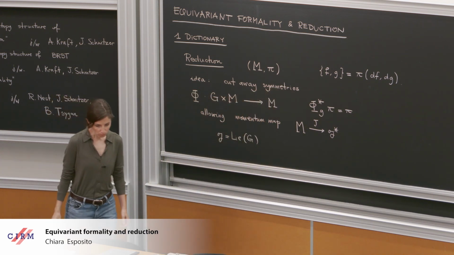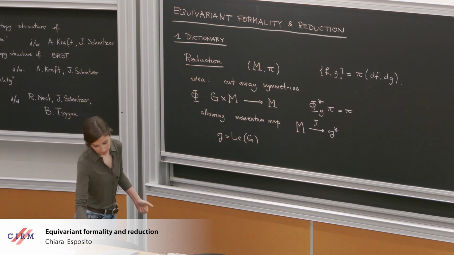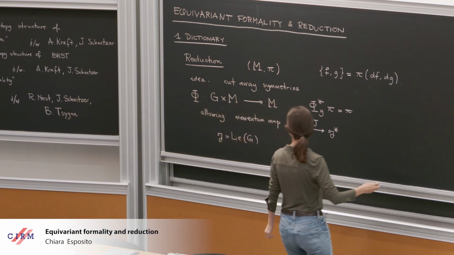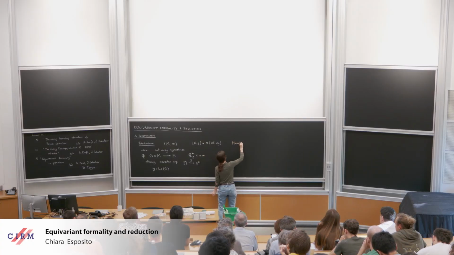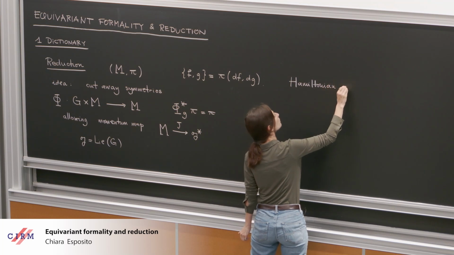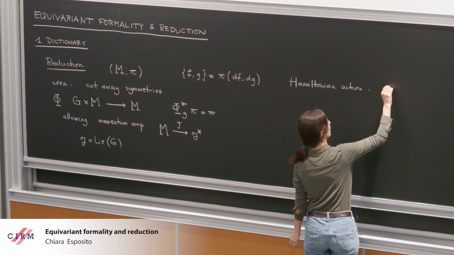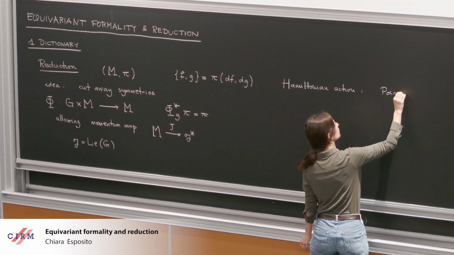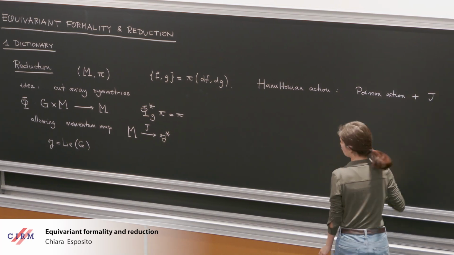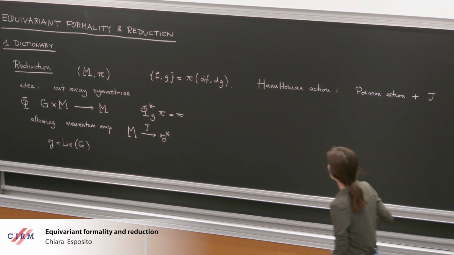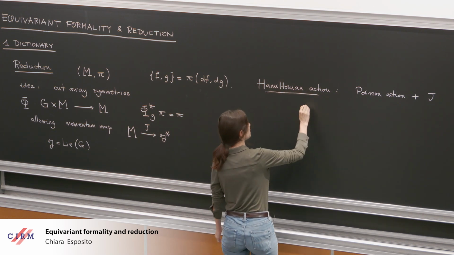And from now on, I will talk about a Hamiltonian action whenever I have a Poisson action plus J, a momentum map, and they have to satisfy a couple of things.